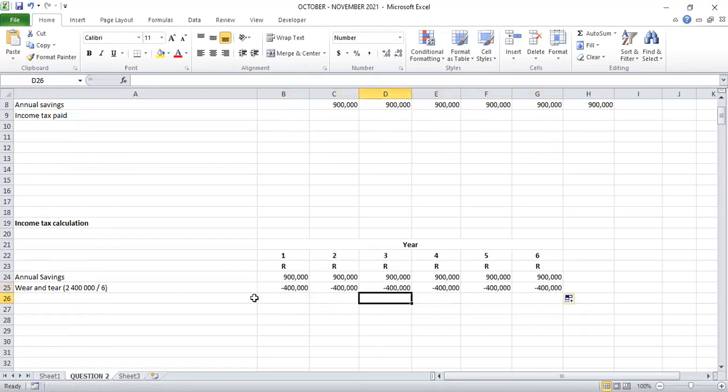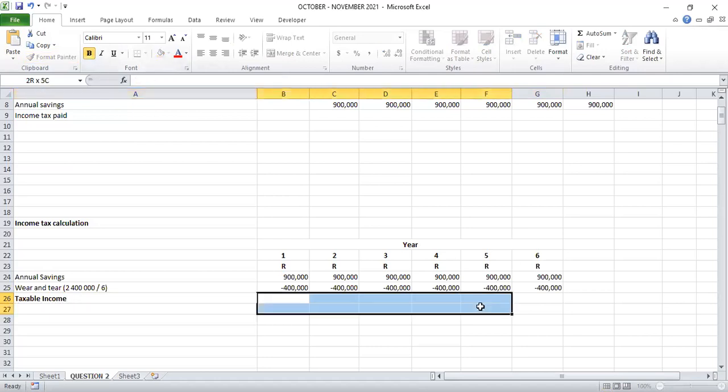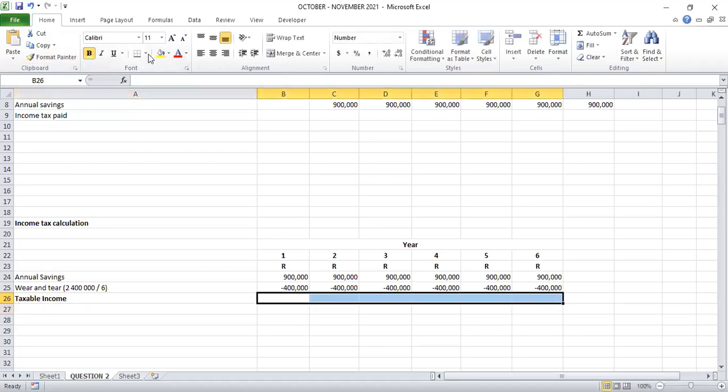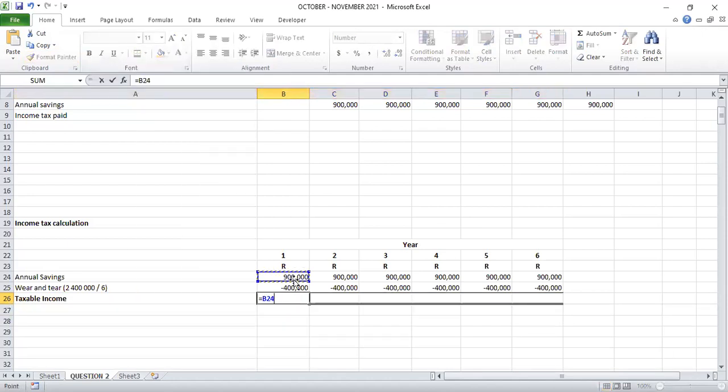Then we get our taxable income, which is equal to this.